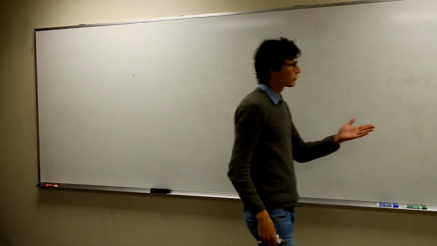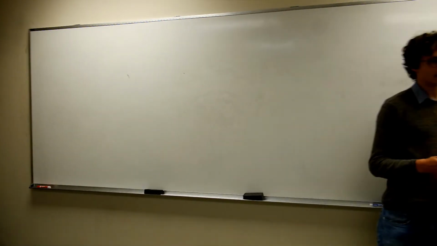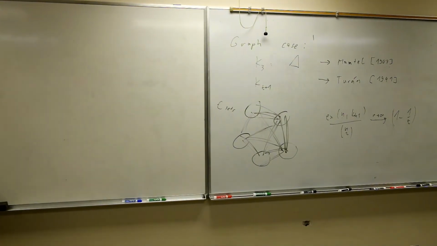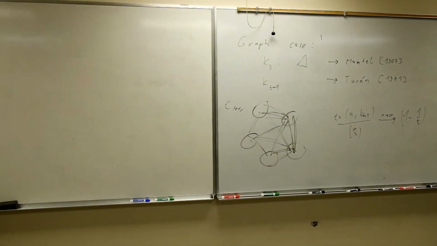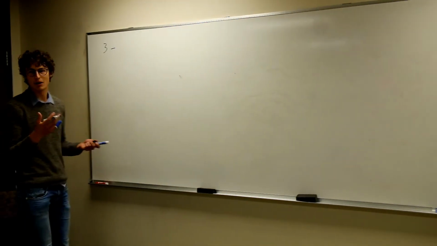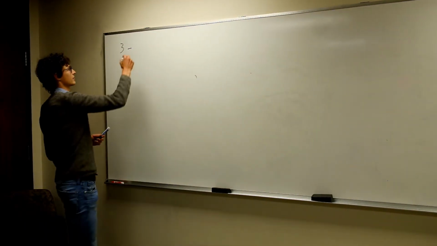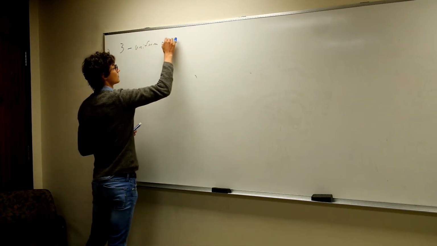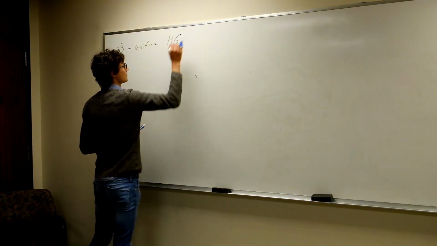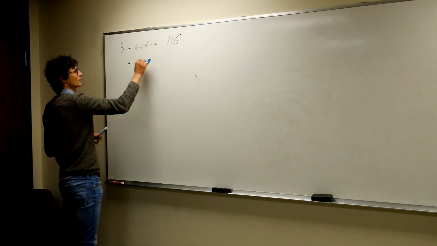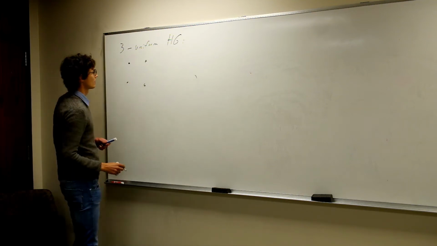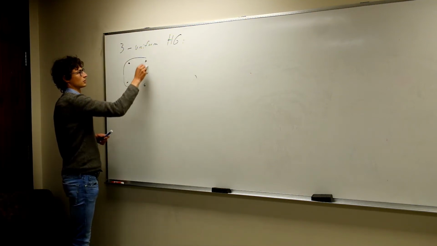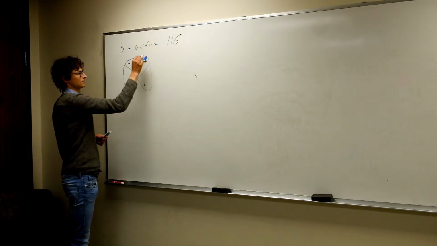So in the graph case, the first question was the triangle. The first question in the 3-uniform case is somehow the complete graph on 4 vertices, and we put all triples as edges in.